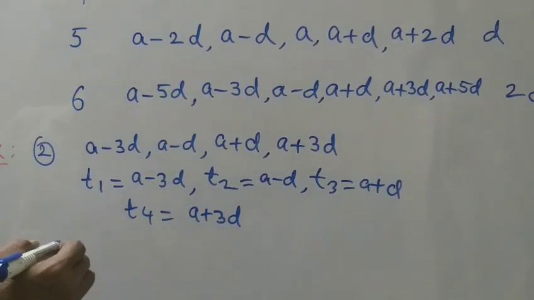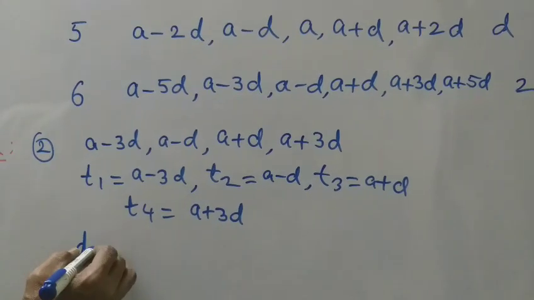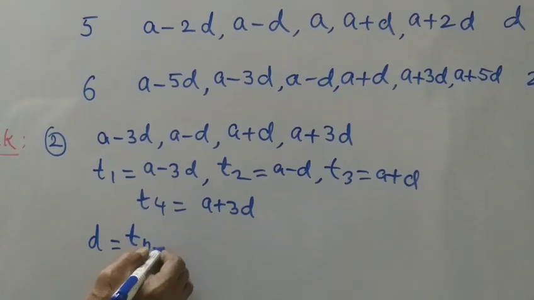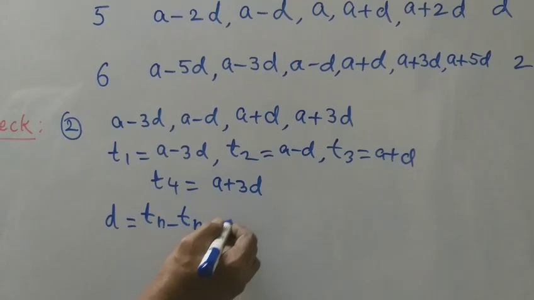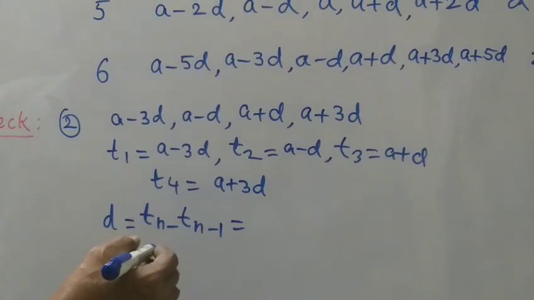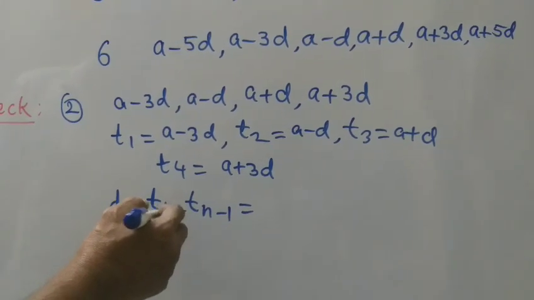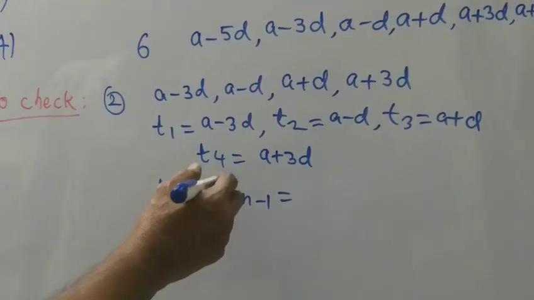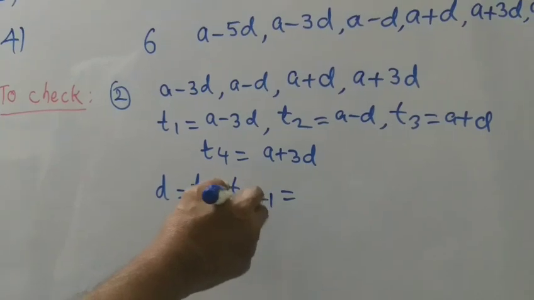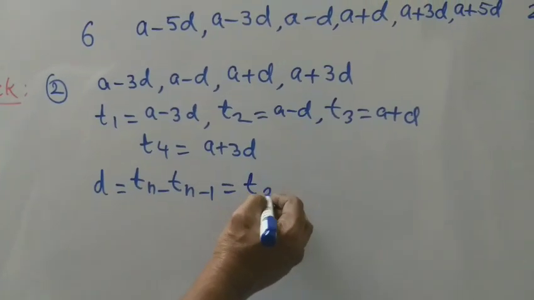The common difference of these terms is d equal to Tn minus Tn minus 1. So here we are taking the second term and the first term. In place of n you substitute 2, and in place of n minus 1, 2 minus 1. It becomes T2 minus T1.